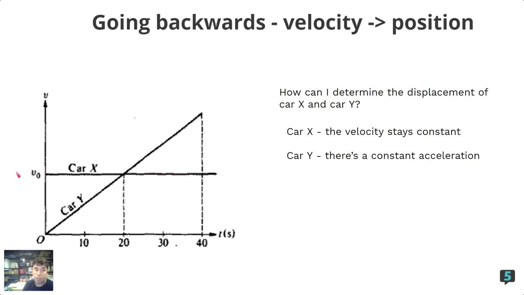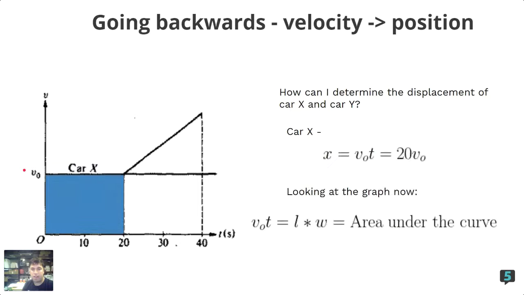So that never changes from its V naught original value. So if we're doing the math here for car X, well, we can use our basic kinematics equation. This is the x equals x naught plus V naught t plus 1/2 at squared equation. Car X doesn't accelerate. Its velocity stays the same. So that simplifies down to just V naught times t, or the velocity times the time.